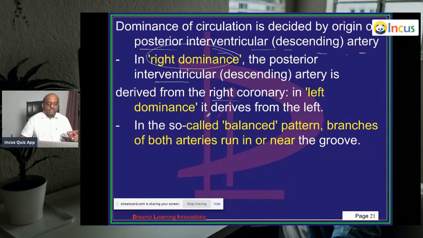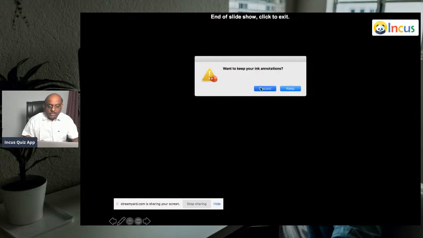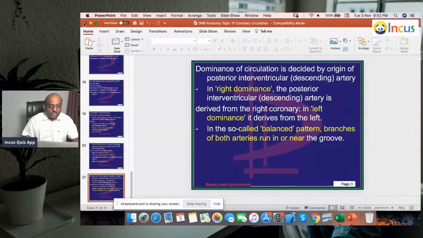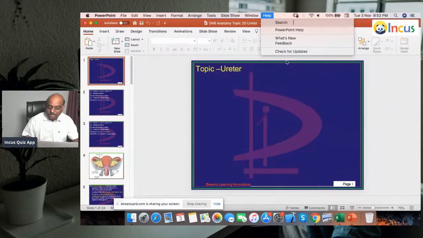Left dominance, posterior interventricular artery is derived from the left coronary. That is what you need to appreciate. That is all the story, doctor, about the coronary artery circulation.